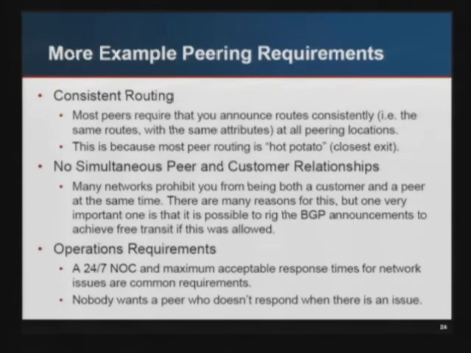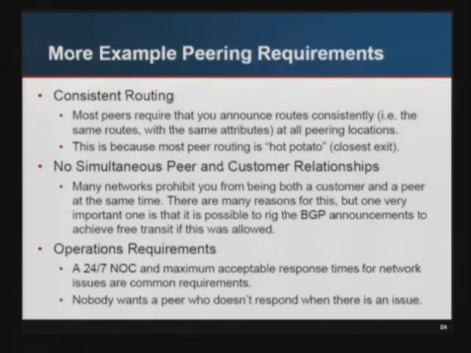And if someone were to send you different attributes, or they were to send you one route in, for example, San Jose, but not Ashburn, your network is now responsible for hauling that traffic all the way to that prefix, and that's not the hot potato relationship that most peering relationships are built on. So if both sides don't agree to this as an exception, typically the default policy is going to be, we want to see consistent routing, and if you don't do that, you're in violation of policy.